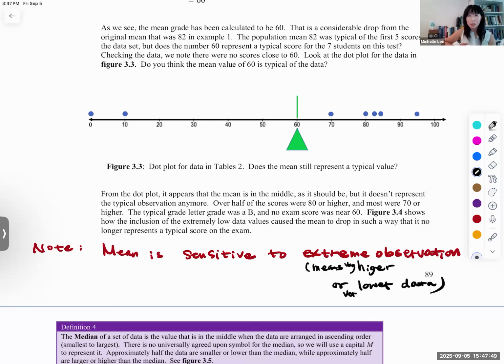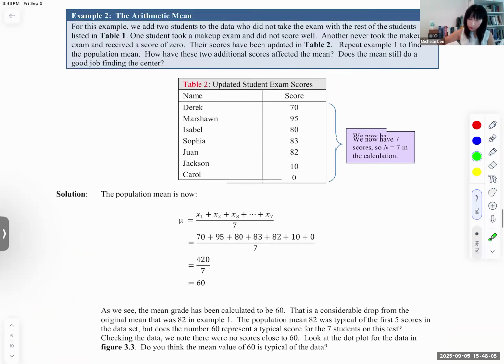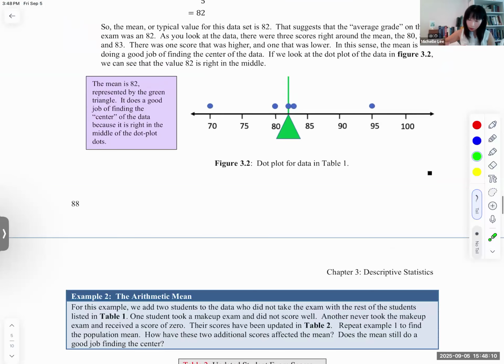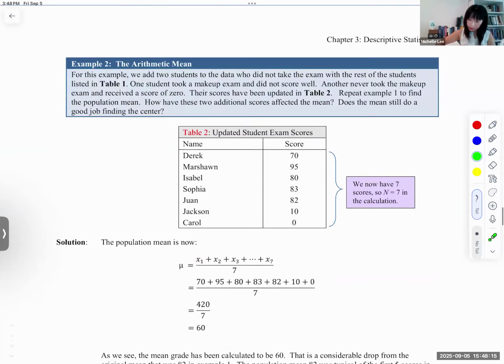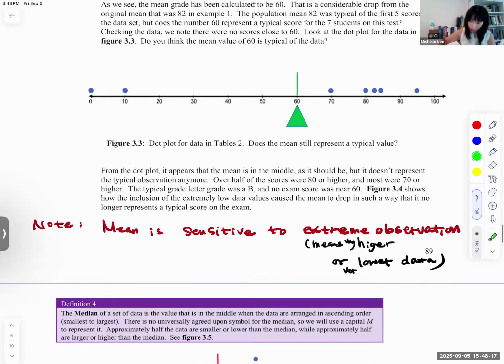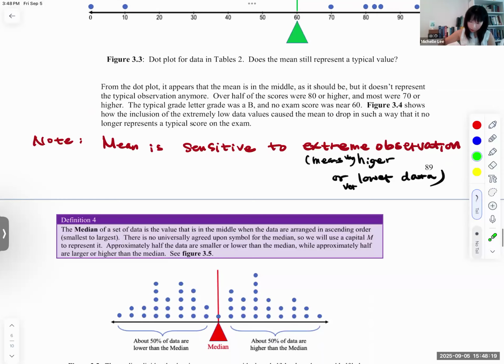Okay. Now we understand the mean, right? So in that case, the mean dot plot, they show us. This is the first one, 82, and this is the second one, 60. Okay, now we have the median.